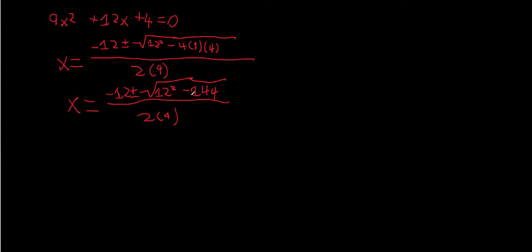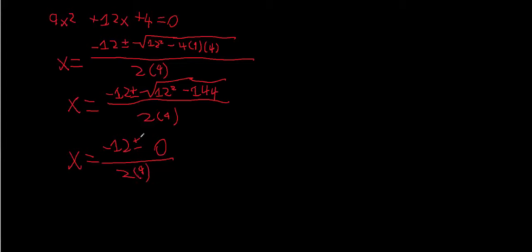Now 12 squared is 144. 144 minus 144 is 0. And the square root of 0 is just 0. So now our equation is negative 12 plus or minus 0 over 2 times 9.